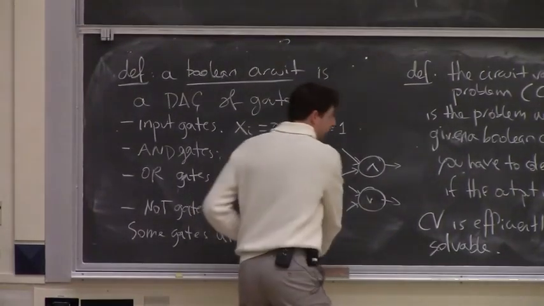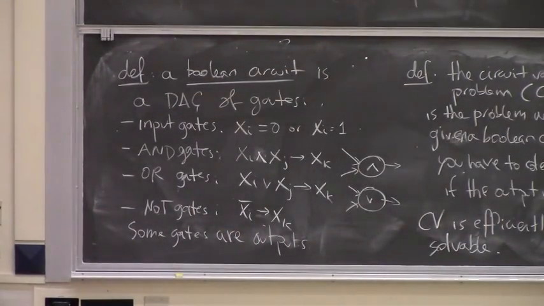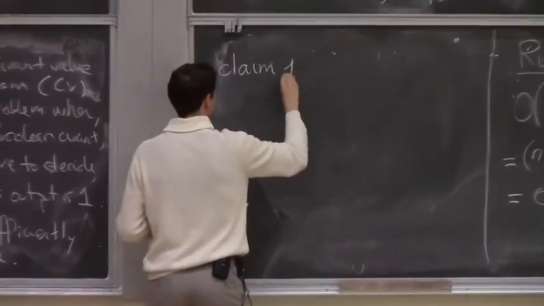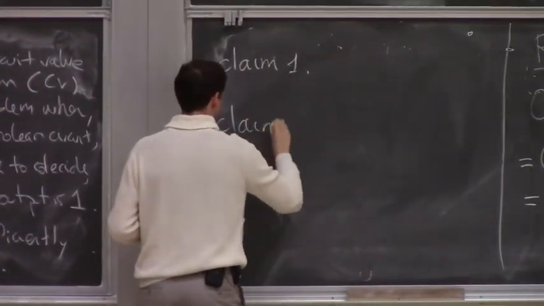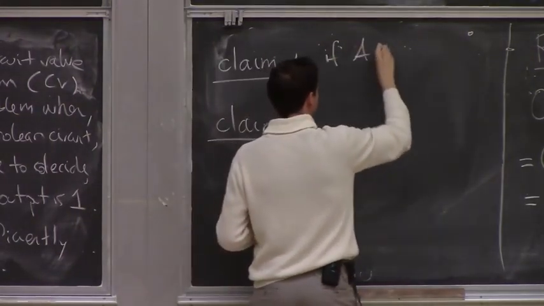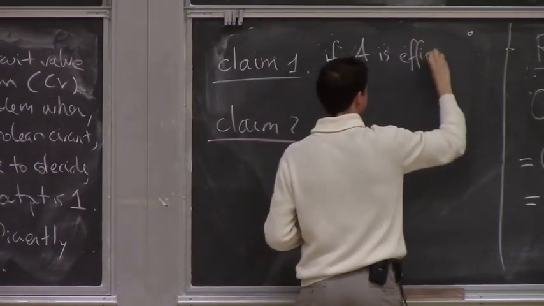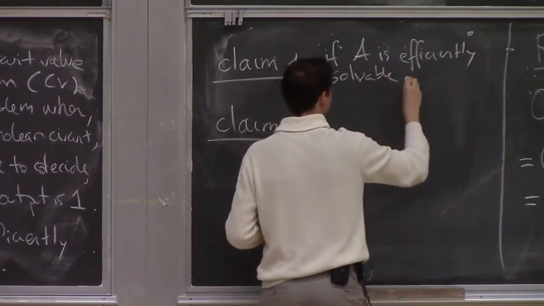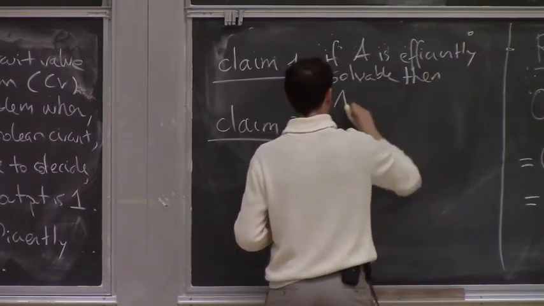Okay, cool. So what does it have to do with linear programming? Well, two things. I'm going to make two statements. One we will prove, the other one is just kind of true by philosophy, okay? Claim 1 says that if A is efficiently solvable, then A reduces to CV.